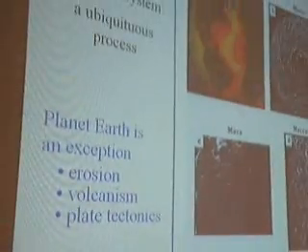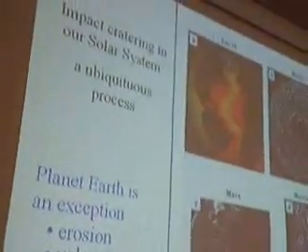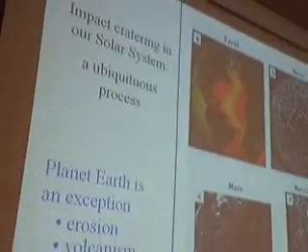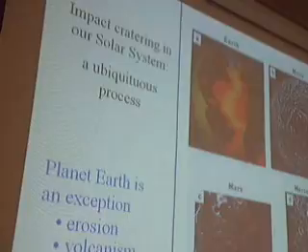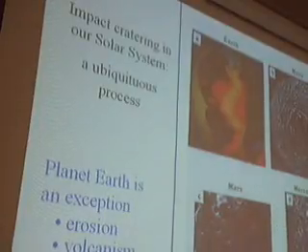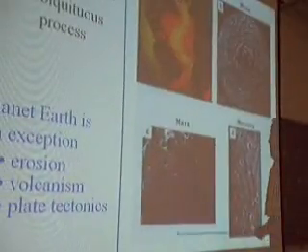So if you look at our solar system and the terrestrial bodies, we can say that impact cratering is really a ubiquitous process in the solar system. You only have to look at the Moon, very similar to Mercury, also Mars, and so on. However, if you look at the Earth, it's very different for several reasons.